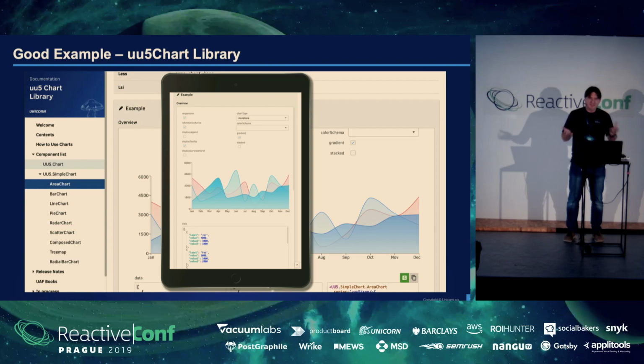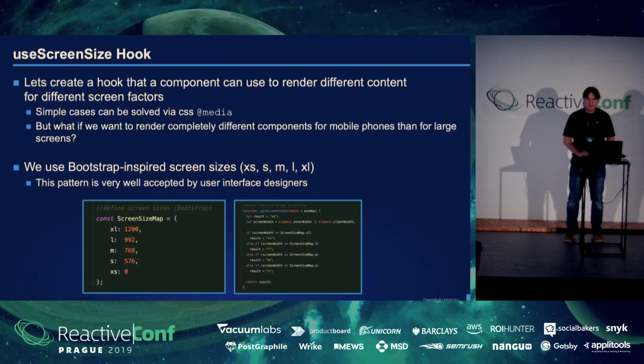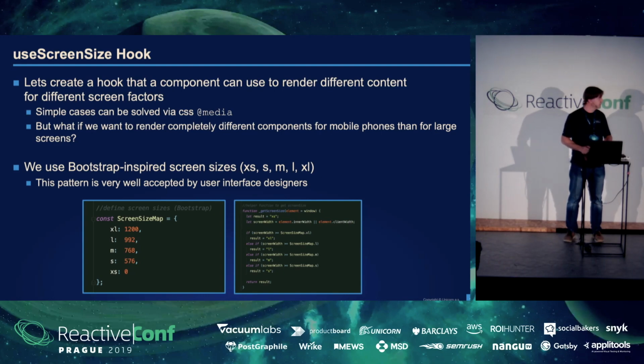So you need some hook which will tell your screen-size-sensitive component that it needs to be rendered because there's a new screen size. So we will use Bootstrap screen sizes and Bootstrap names. We have screen sizes from XS, S, M, L to XL.